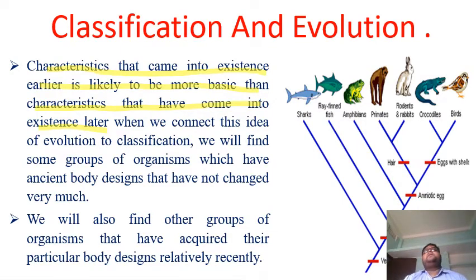So we can see some groups of organisms in which the body hasn't changed very much from where they evolved. We will also find other groups of organisms that have acquired a particular body design relatively recently, and some whose body design has completely changed, or who have acquired a new body design in very recent history, right students?